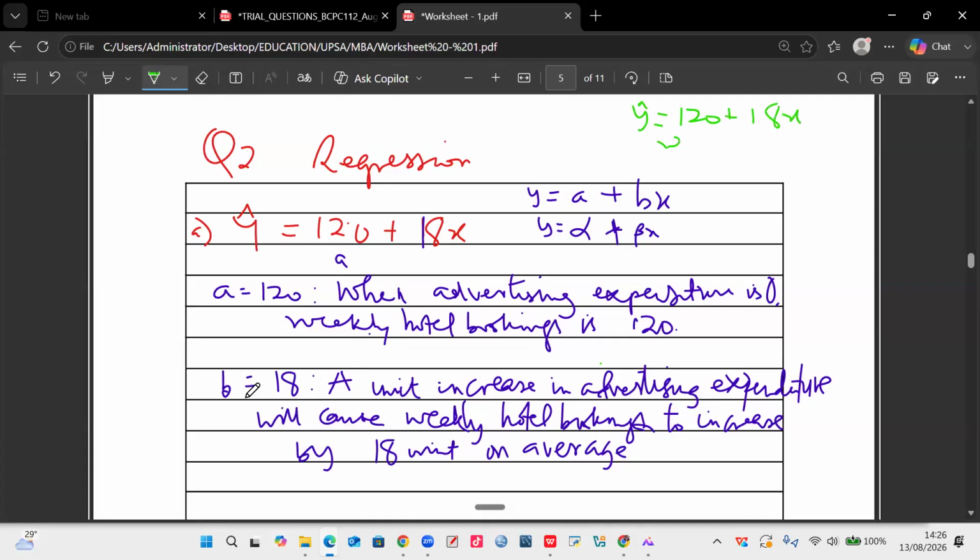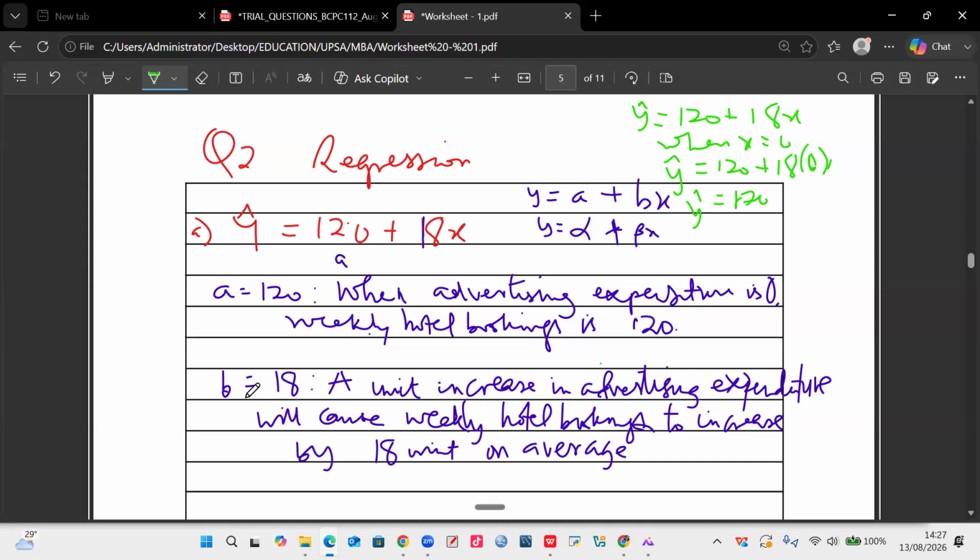And I said when x equals 0, it should be Y hat equals 120 plus 18 times 0, which gave us Y hat equals 120. Since A is an intercept, how do we find the intercept in the equation? When we make the other variable 0. So when advertising expenditure is 0, that's when X is 0, Y, which is the weekly hotel bookings, equals 120.